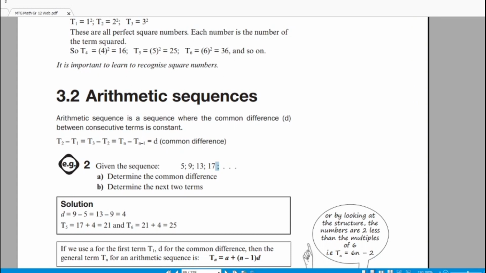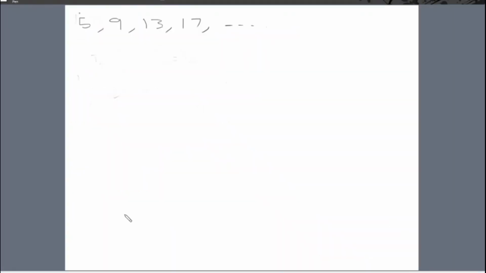Right, let us answer these questions. Determine the common difference, determine the next two terms. So question number 1 is determine the common difference.